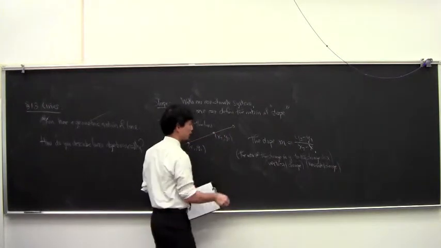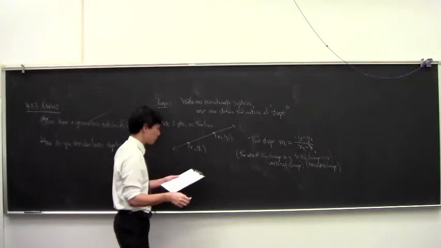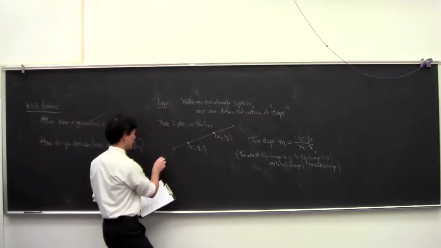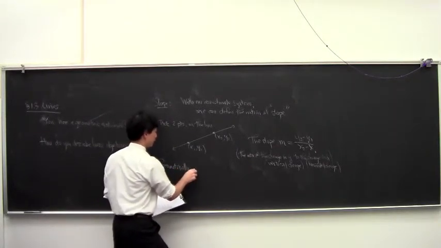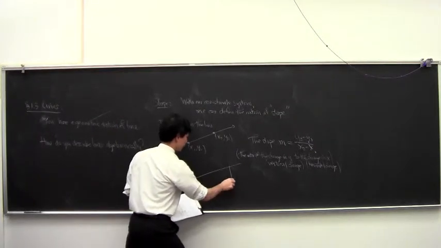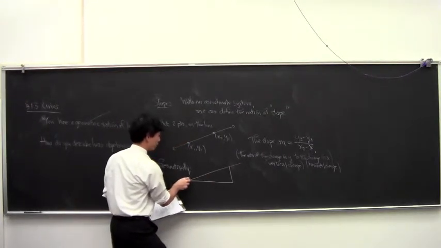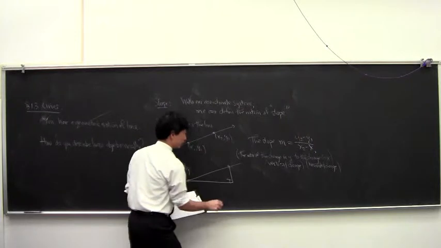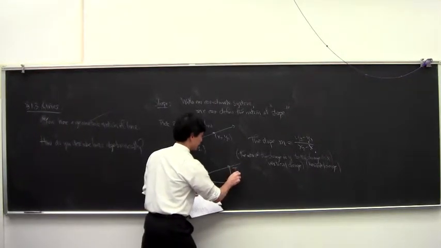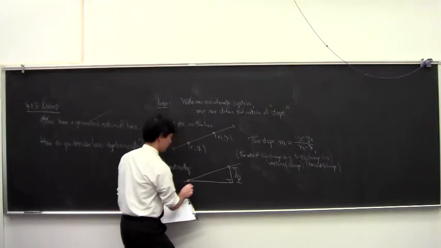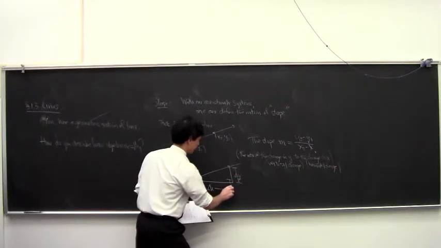Geometrically, you take your 2 points and you make a right triangle. And you have the change in y, and you have the change in x.